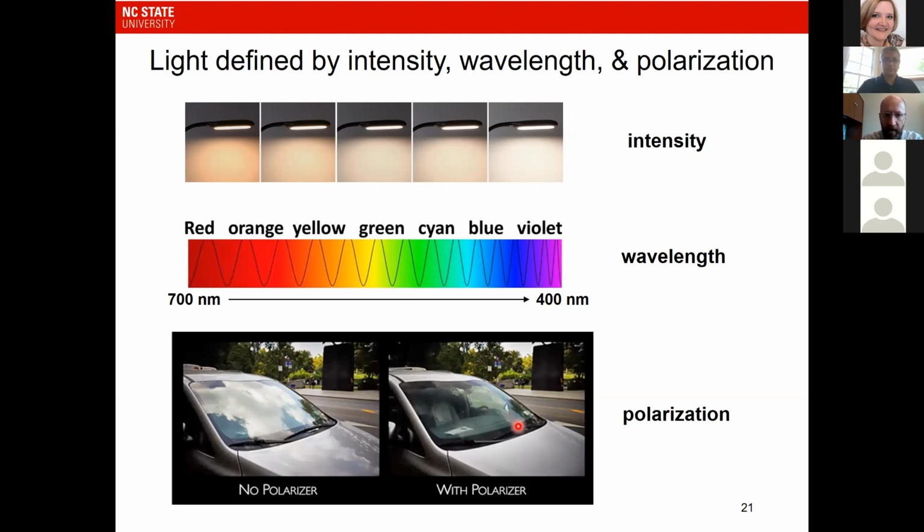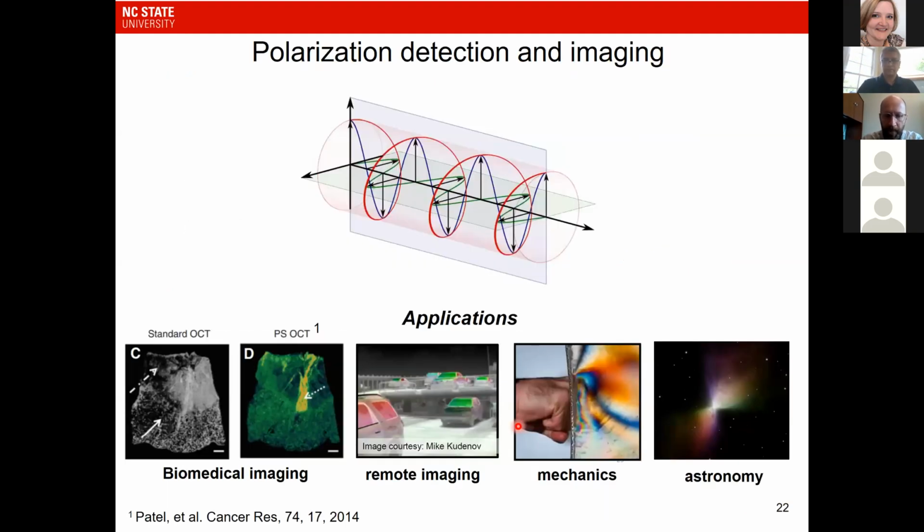If you think about polarization imaging, it has similar applications to hyperspectral imaging, in biomedical imaging, in mechanics, and astronomy. For example, in biomedical imaging, here's a tumor where, if the imaging technique is polarization sensitive, it better defines the tumor.